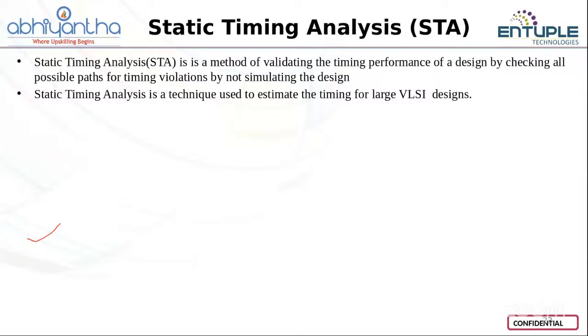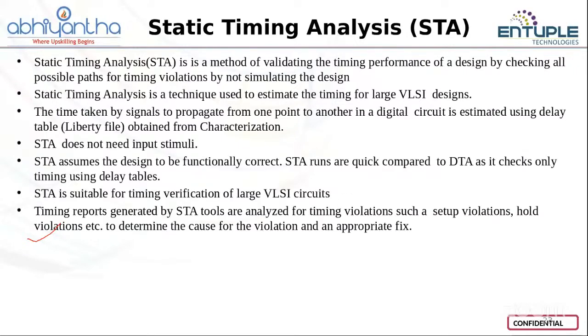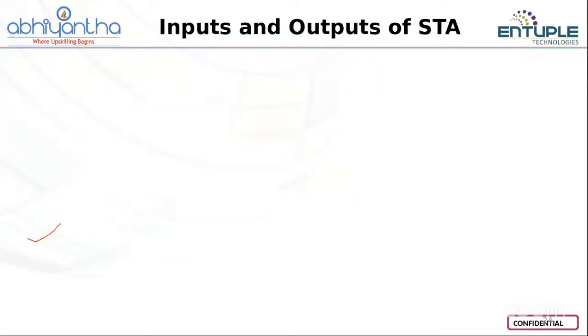Then we have the STA process. You can see here timing reports are generated by STA tools, as I mentioned, the Tempest. The Tempest is a tool purely dedicated to timing analysis, where you can find timing violations such as setup violations and hold violations, to determine the cause of your violation and the appropriate way to fix the violations.